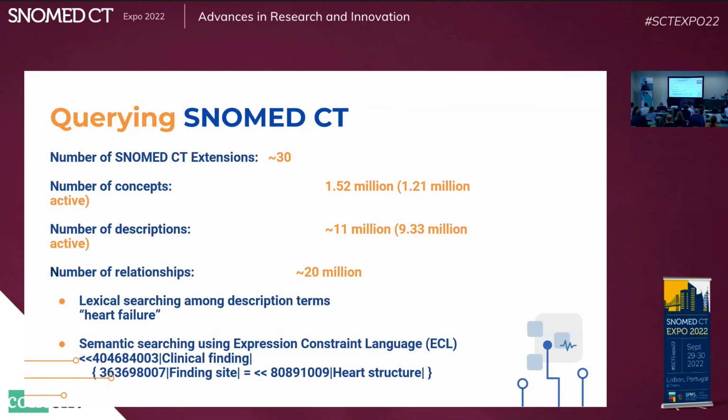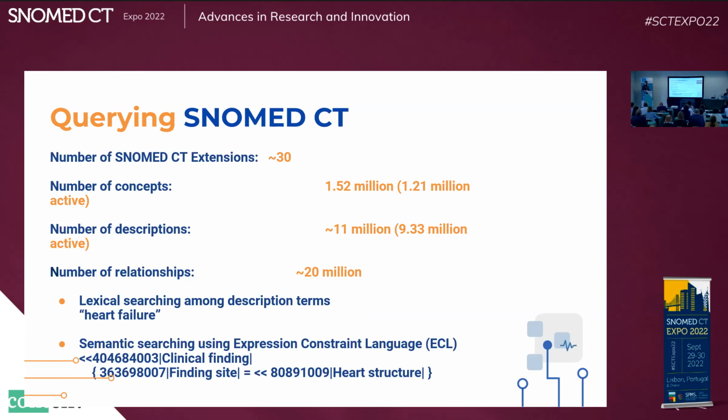SNOMED CT is huge. SNOMED CT has a bunch of data baked into it. 30 description extensions have been developed in the last 10+ years. There are millions of concepts and descriptions produced by authors, each maintained over the last 10 years. And there are various functionalities and use cases where you can query those.